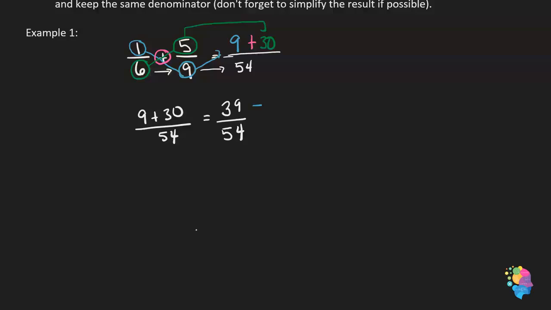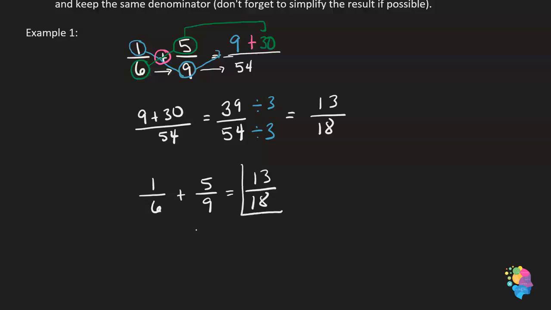So both the 39 and the 54 can be divided evenly by 3. So when I do that, I get 13 over 18. And this is as far as we can simplify. That means that for us, again, 1/6 plus 5 over 9 is equal to 13 over 18, the same result as before.